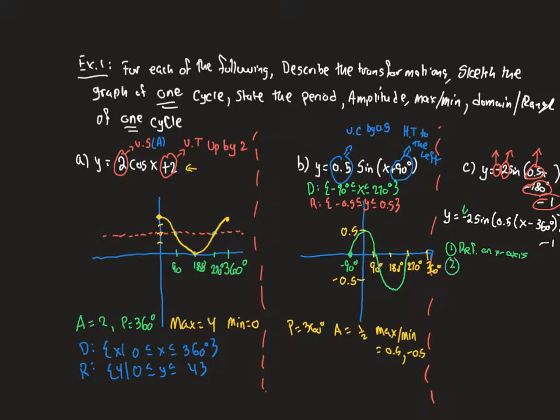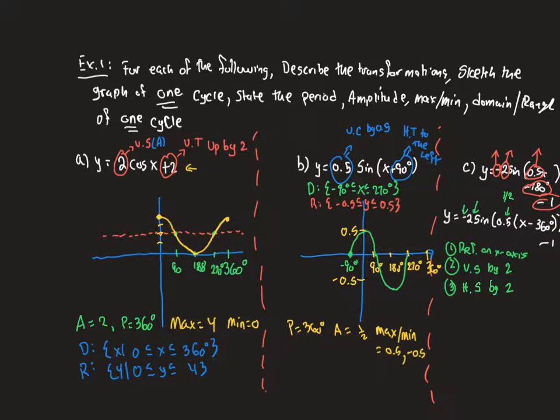Two, I have that 2. That's a vertical stretch by a factor of 2. 3, 0.5, this would be a horizontal stretch by, well, you know, 0.5 is the same thing as saying 1/2, so reciprocal of that, by 2.